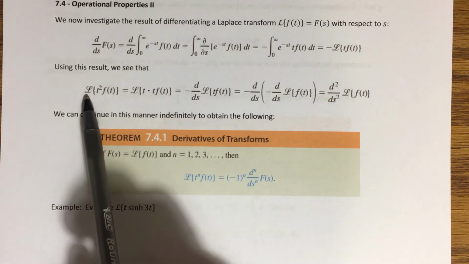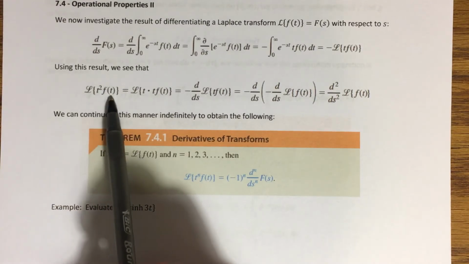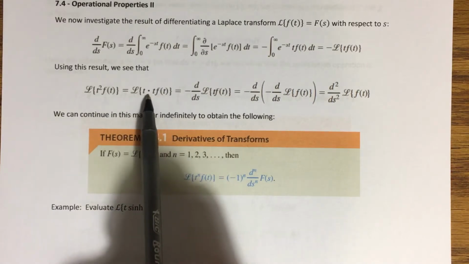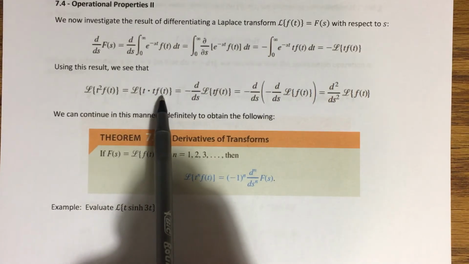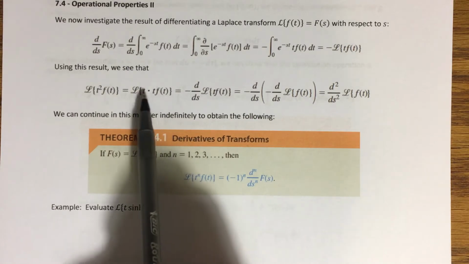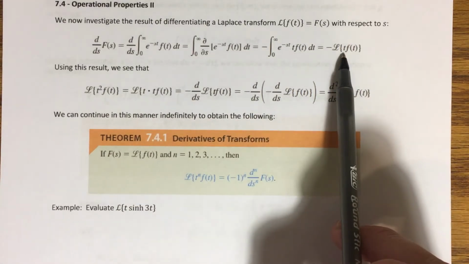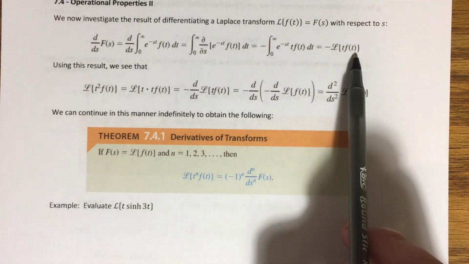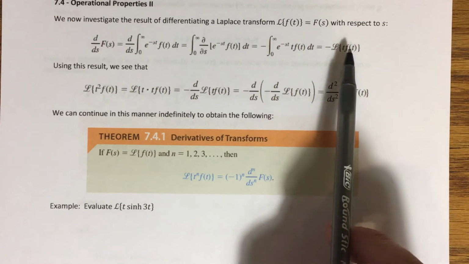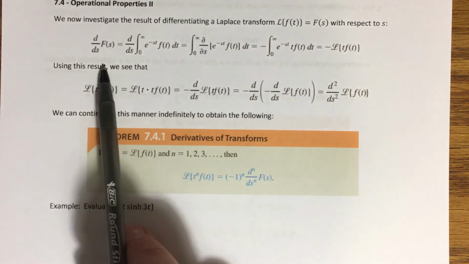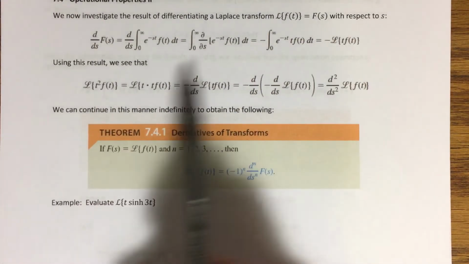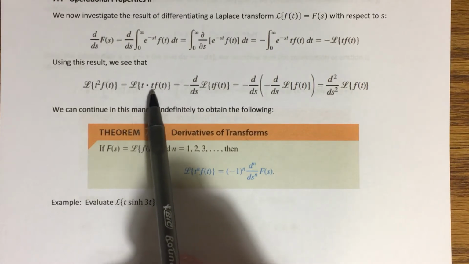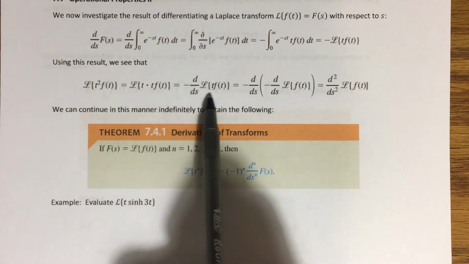If I wanted to find the Laplace transform of t squared f of t, for example, I could rewrite t squared f of t as t times t f of t. And now this is similar to what we have here. It's t times a function of t times a function of t. So according to this step right here, if we trace this back to the beginning, this should equal negative the derivative of the Laplace transform of this function, which would look like this.